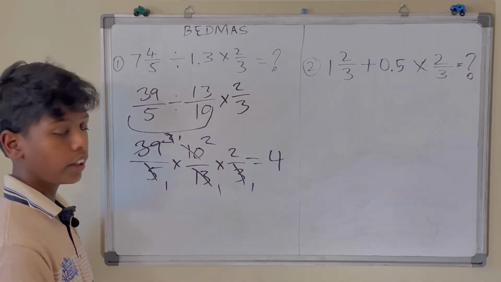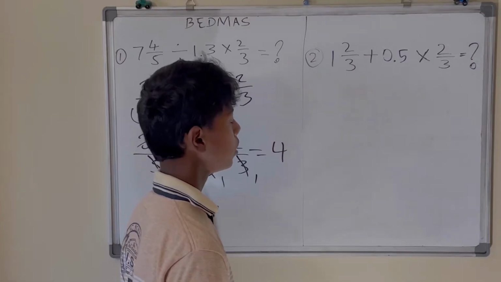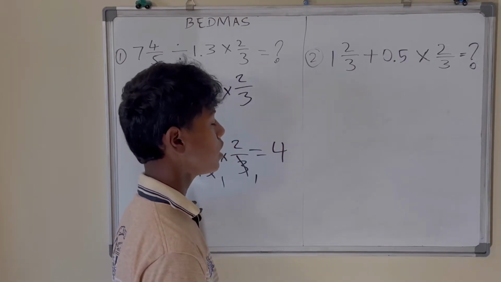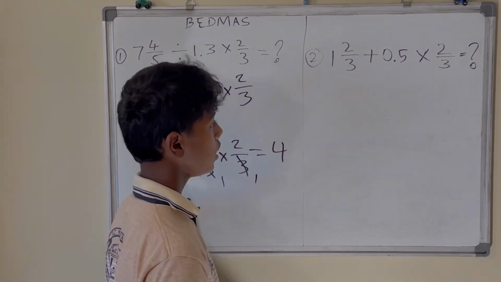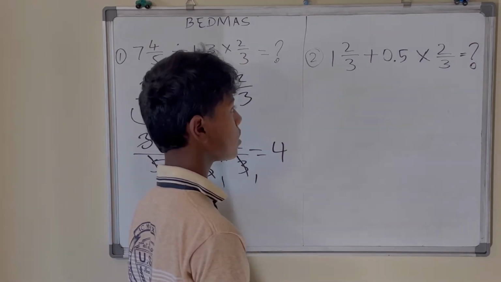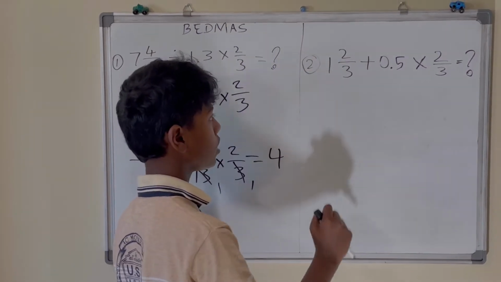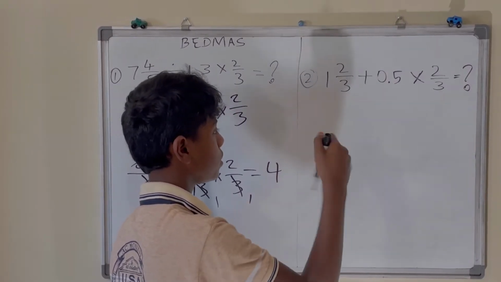So let's do another decimal question for question 2. 1 2/3 plus 0.5 multiplied by 2/3. So here let's first convert all of this into fractions only. So 1 2/3, 3 multiplied by 1 is 3, and 3 plus 2 is 5.